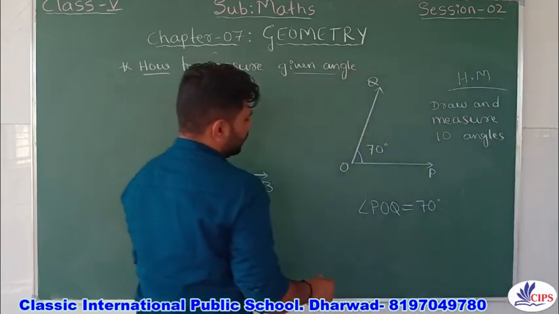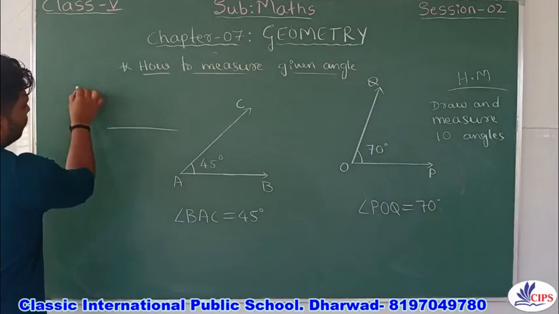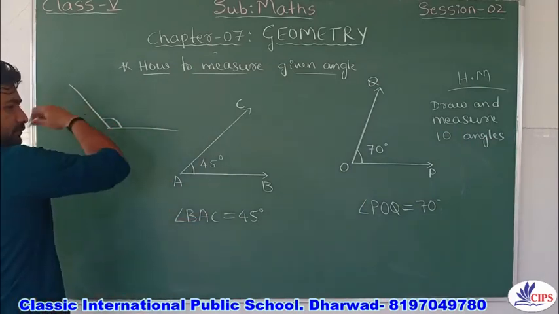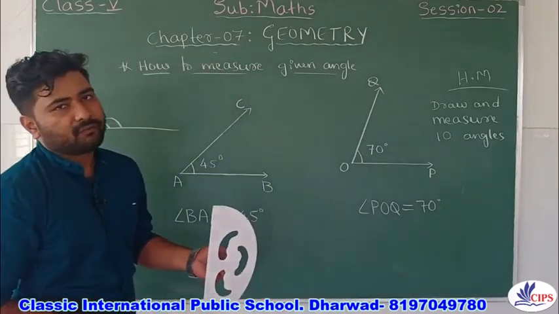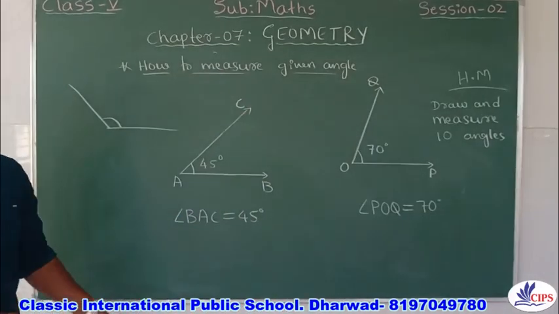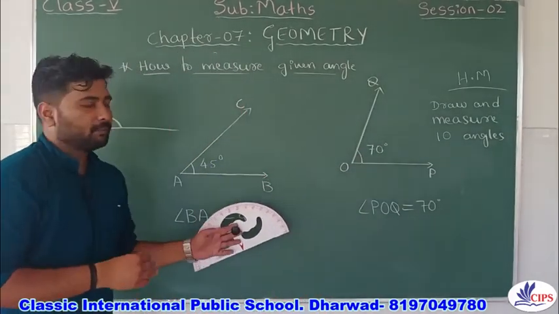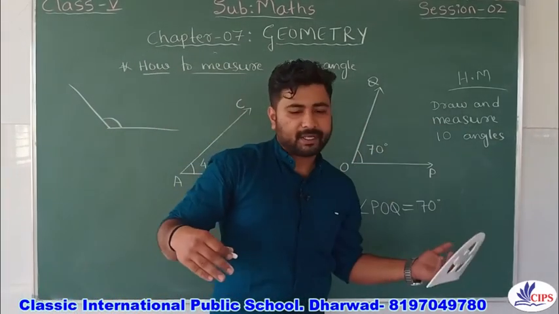See, even you can draw a line like this and you can measure this. So there are many things you can do, okay? It's all about your wish, but you need to draw and measure 10 angles like this. These two are examples, leave them, I mean write them, but in your homework you need to draw 10 separately.